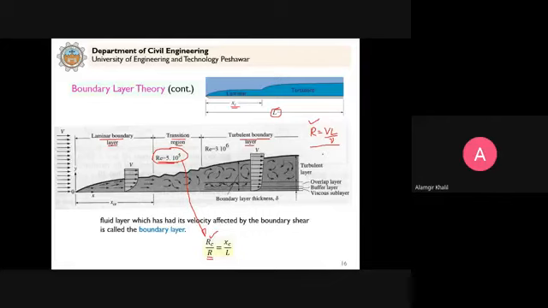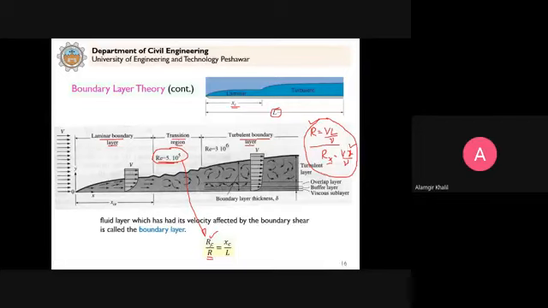At any distance x, what will be R at any distance x? That will be equal to V into x divided by nu. You can see here, when we use R, it is for the entire length, but Rx is at any distance x.